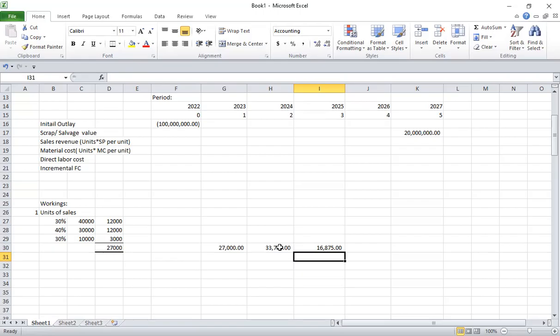Look at what we are told happens after 2025. We are told that this level will remain the same until the end of the project. That means that year four will have the same demand of 16,875, and so the same will apply to year five.